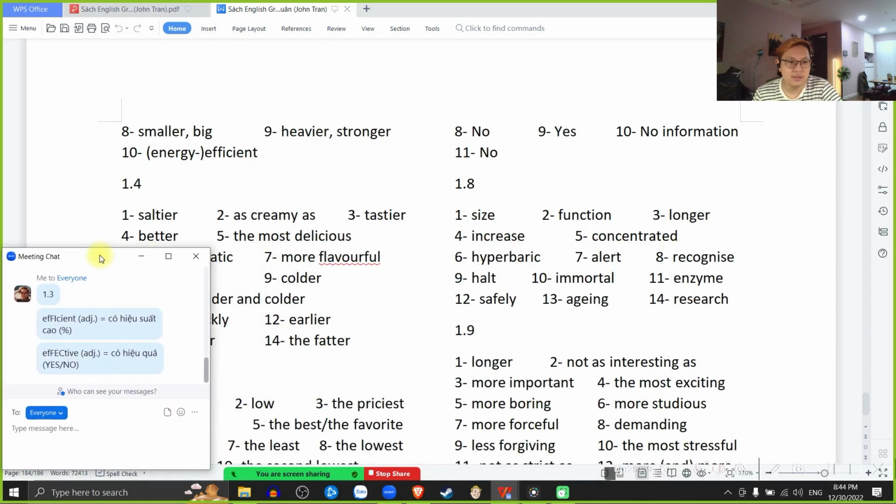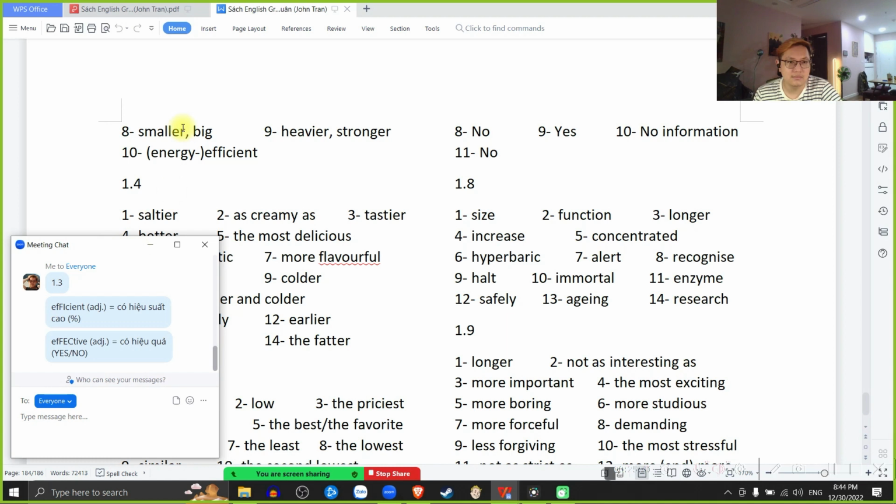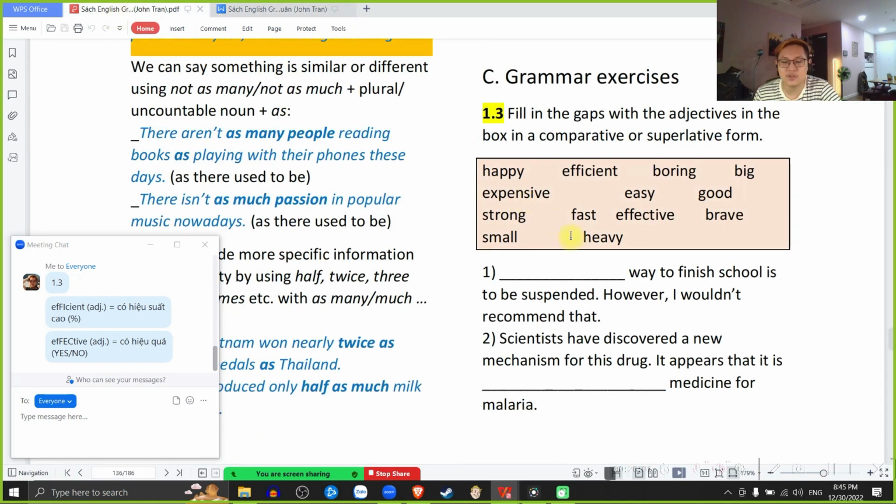Number 8 is smaller and then big. Hai câu lận. Hai chỗ lận. Number 9, heavier and stronger. Number 10 is energy efficient. So basically just write the word efficient. You can be efficient a little bit. Okay, now all right, let's go back there.